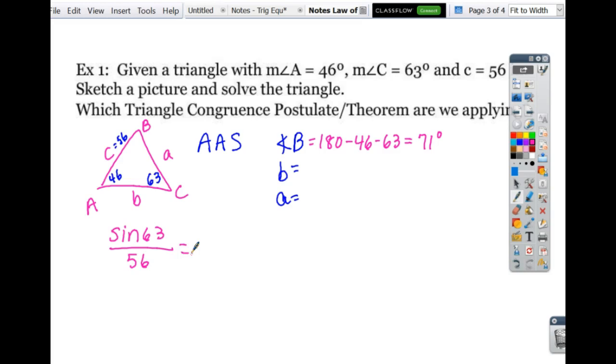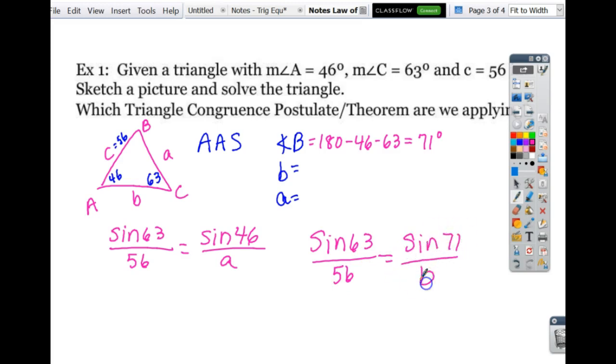If I'm going to do A, I have to do the sine of 46 over A. If I want to solve for B, I'm still going to have the sine of 63 over 56, and for B I have to use this angle, the sine of 71 over B.